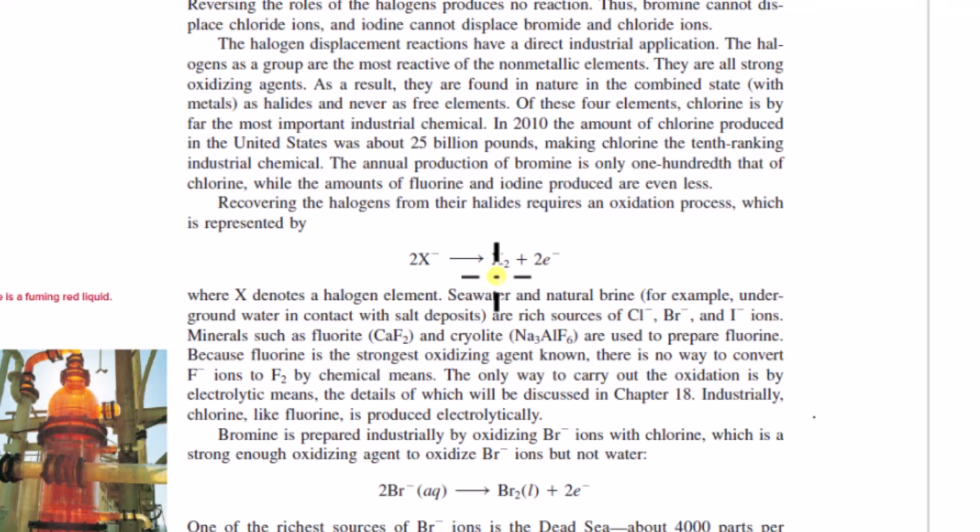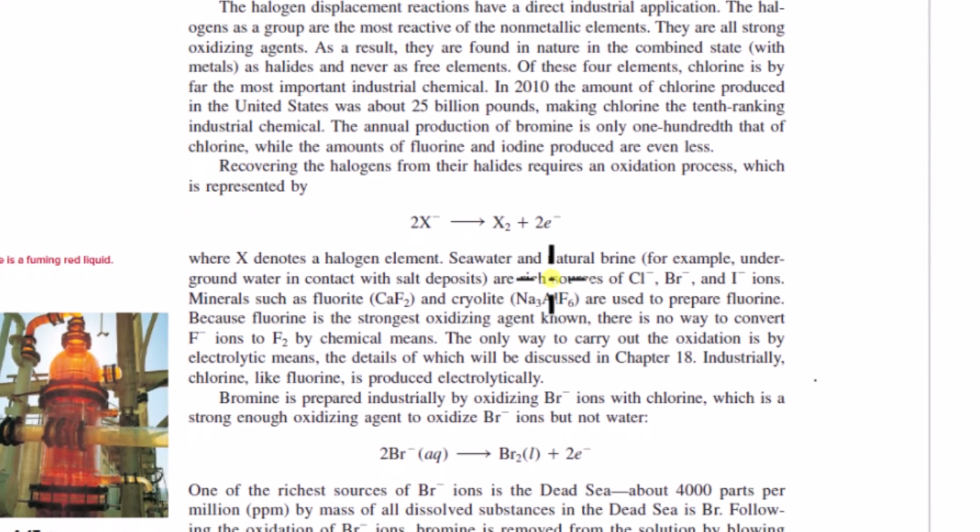You're trying to recover pure halogen in its elemental form. The elemental form of a halogen is the majority of the time a diatomic molecule, where a single electron is shared between the atoms, so that both have a noble gas configuration.